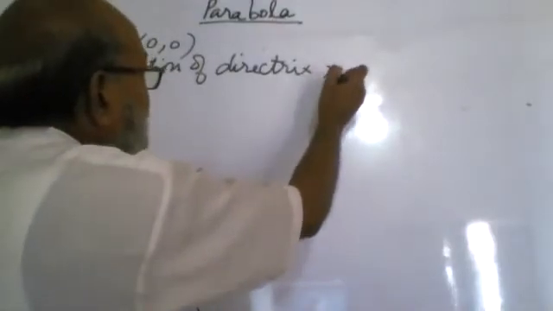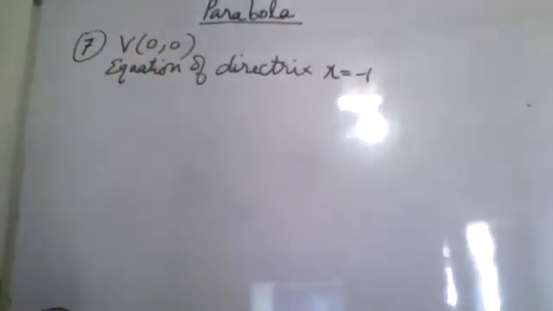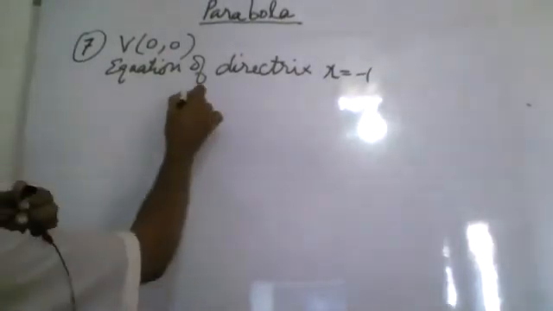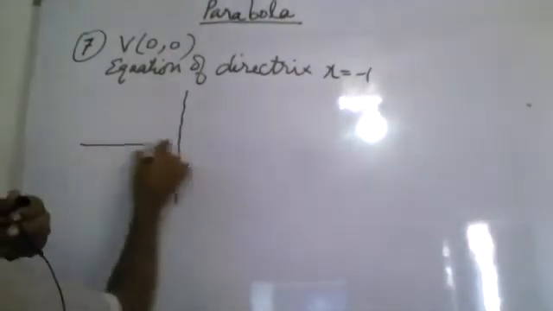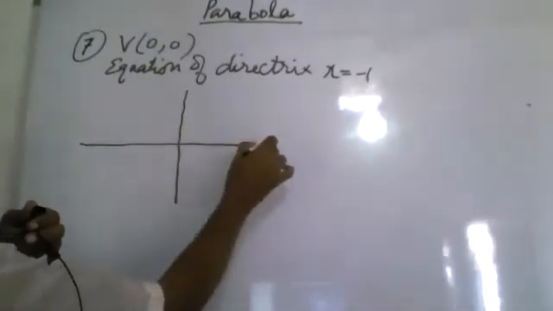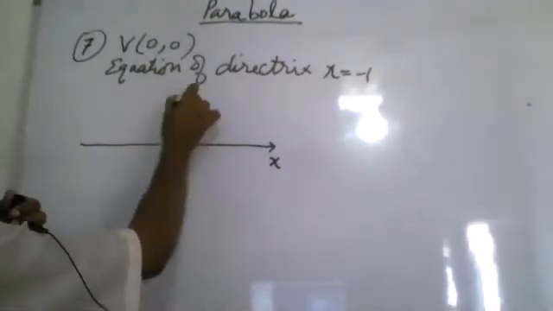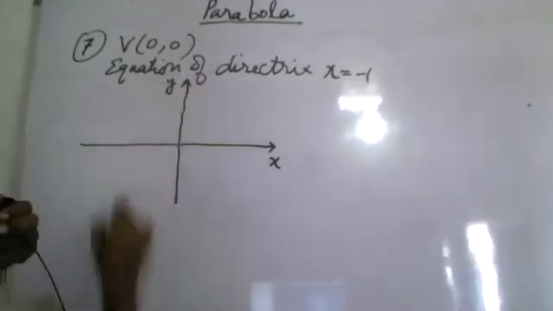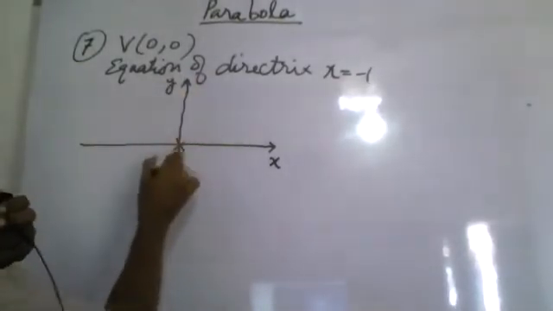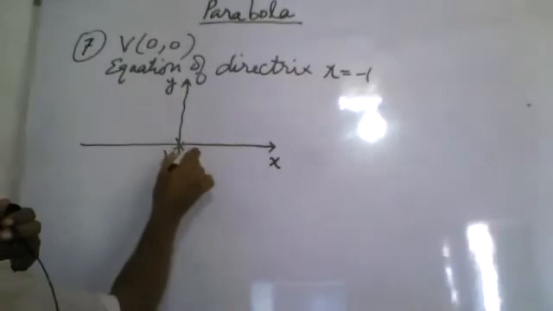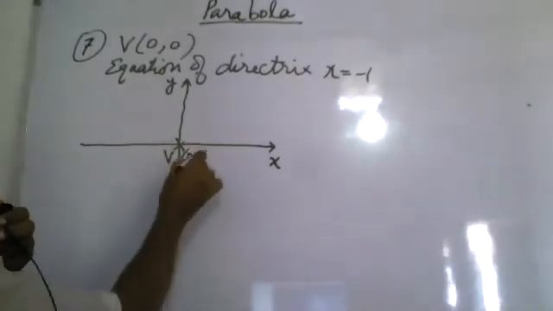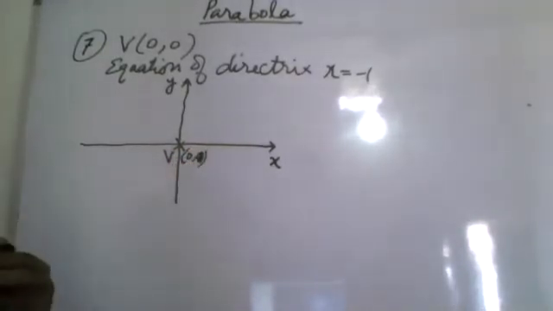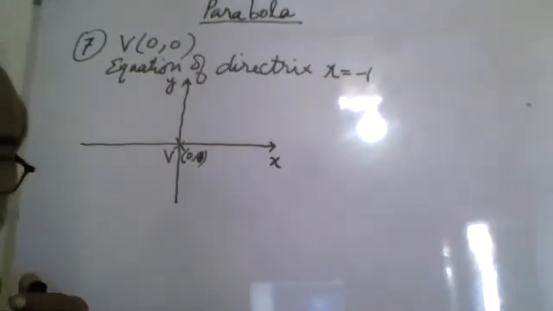Directrix x is equal to minus 1. Equation of the directrix. So if I draw, this is the vertex at origin.